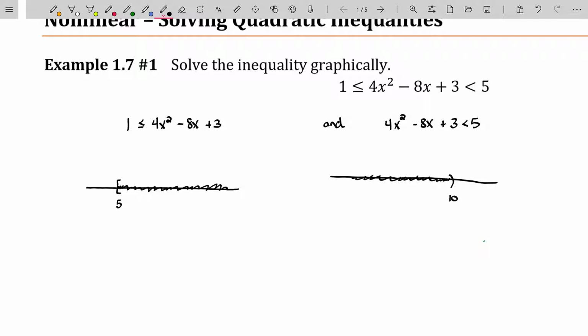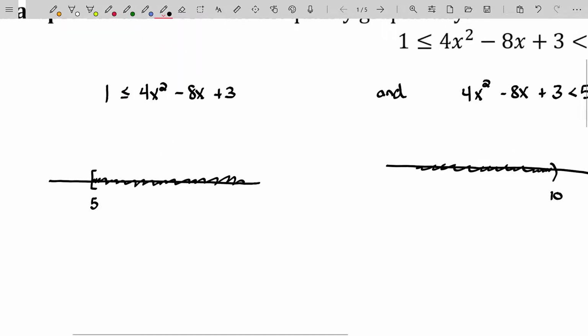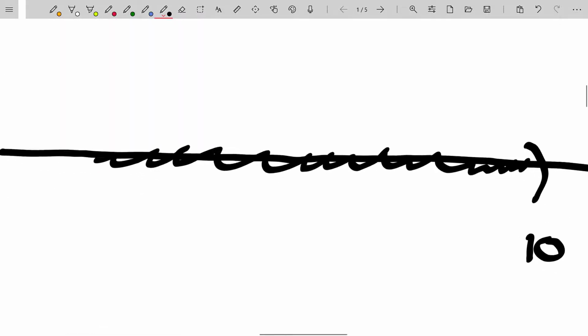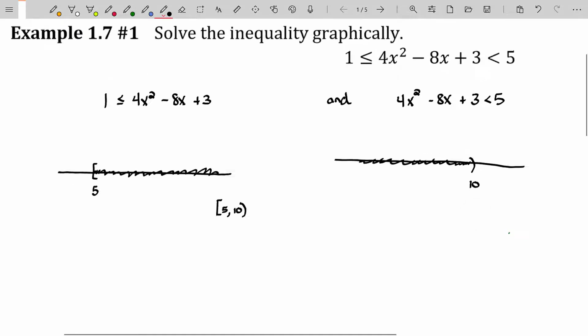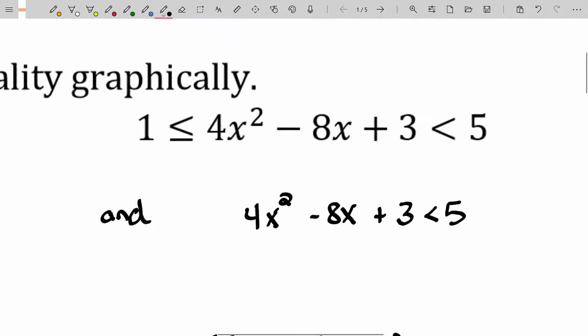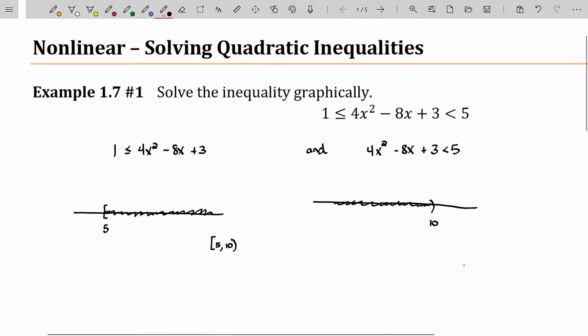So you need your solutions to be greater than or equal to 5 and simultaneously strictly less than 10. The overlap of these regions would be the interval from 5 to 10. So that's the idea as you move forward of solving inequalities, especially compound inequalities like this, which, like I said, is a triple-sided inequality. You want to take the overlap or the intersection of their solution sets.